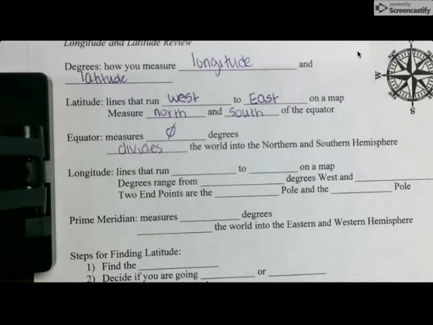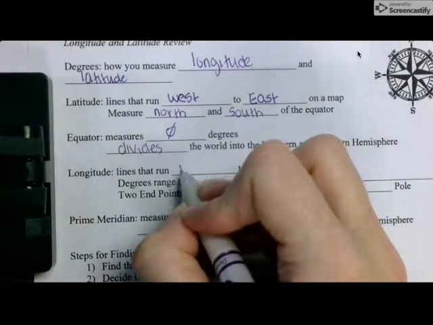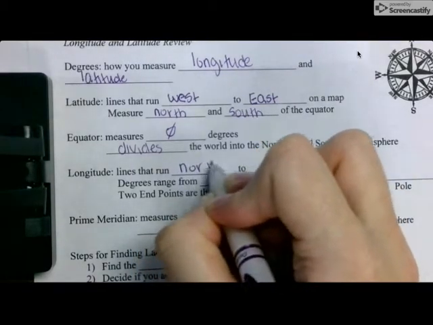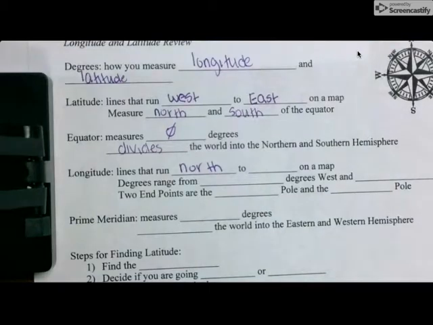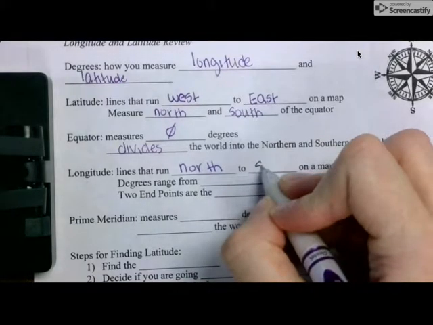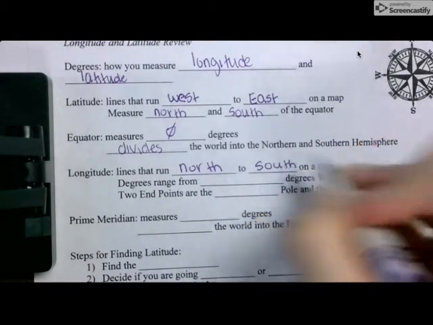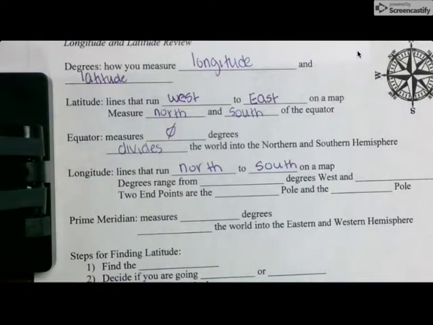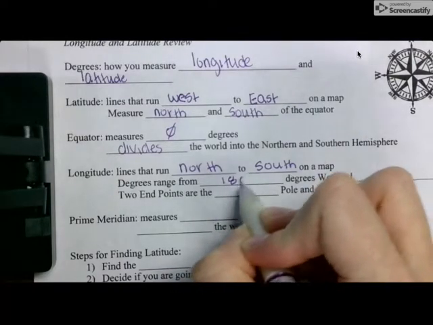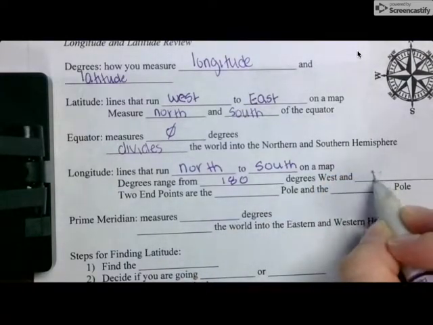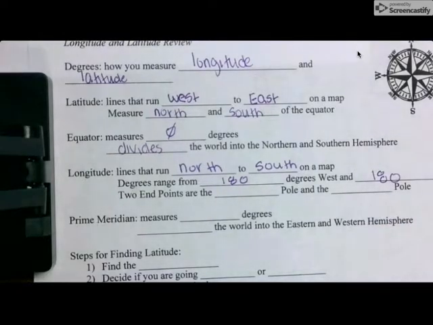Longitude are lines that run north to south. Their degrees range from 180 degrees west to 180 degrees east.